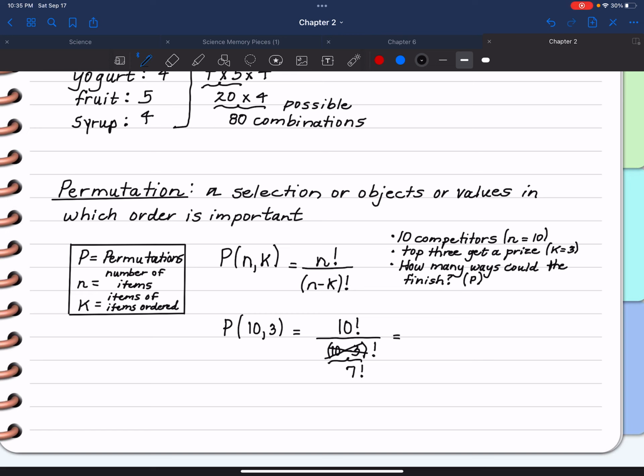So on the top, you would be saying 10 times 9 times 8 times 7. That's going to take all day. So let's just put it in the calculator. All clear. 10 shift 3 equals. Now don't panic. It's big. These are going to be big because they're factorials.